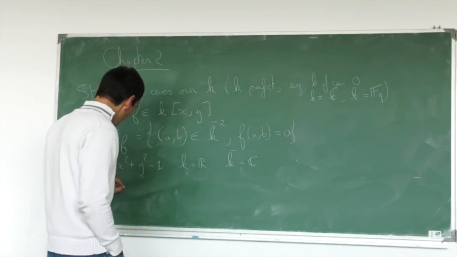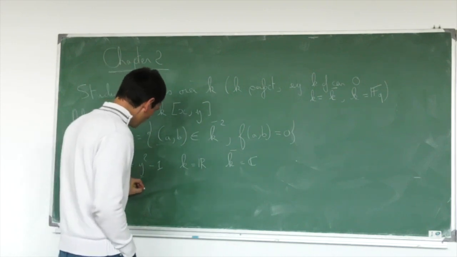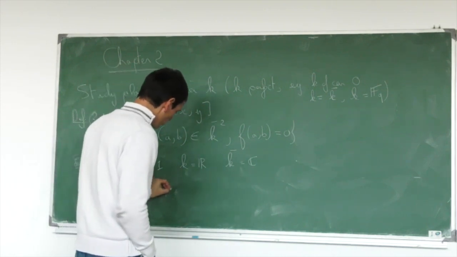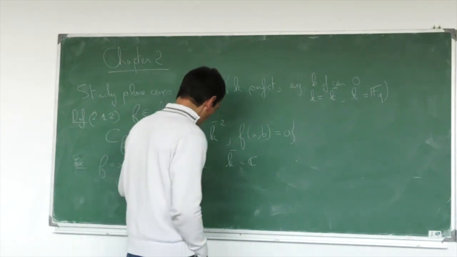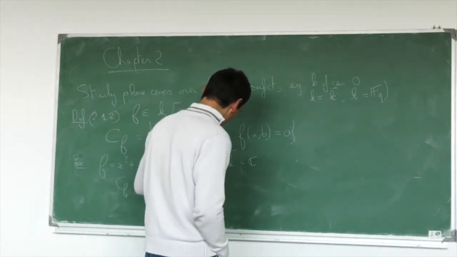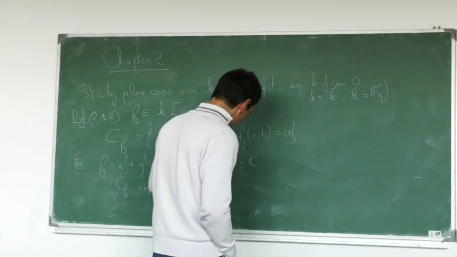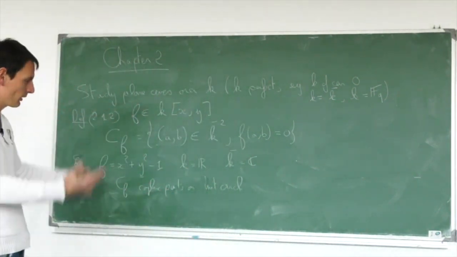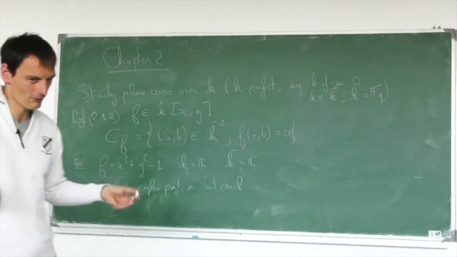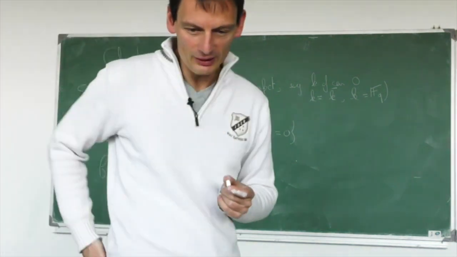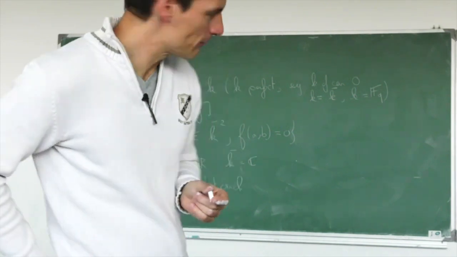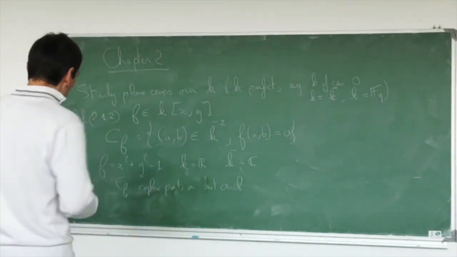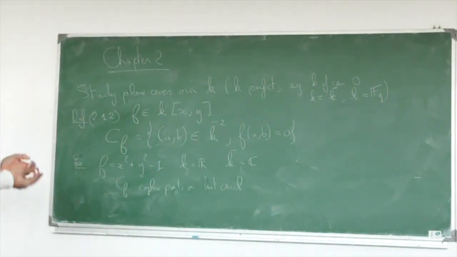So C of f is going to be all complex points on the unit circle. Of course, I can't draw it because I can't draw in C times C, so I'm a bit restricted here. But we will see what it means then to restrict to the points over k.